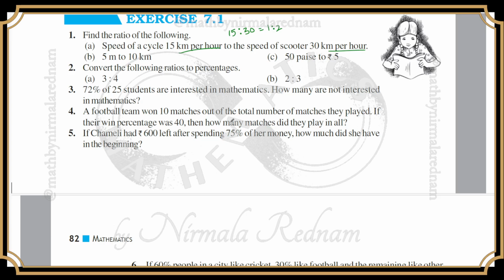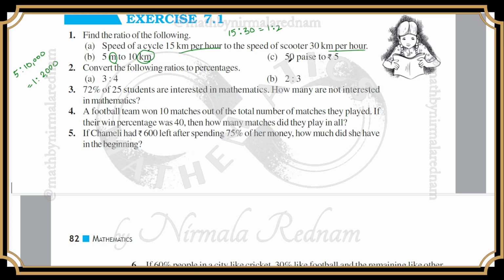Next question. 5 meters to 10 kilometers. Now here clearly the units are not the same. So please convert the units. You will get 5 is to 1 kilometer is 1000 meters. So you will get 10,000 here, which is nothing but 1 is to 2000. So that is my answer for the second question.